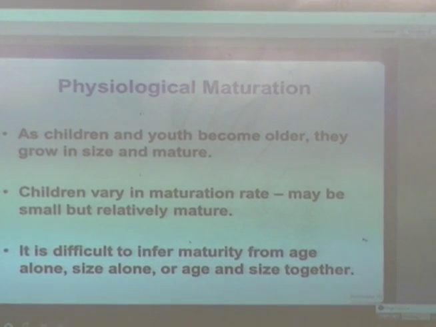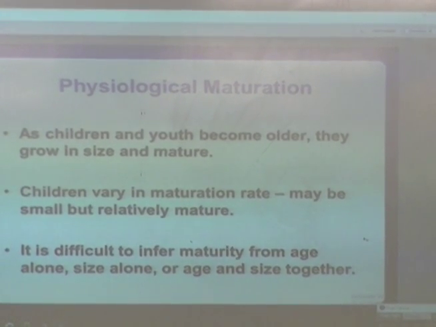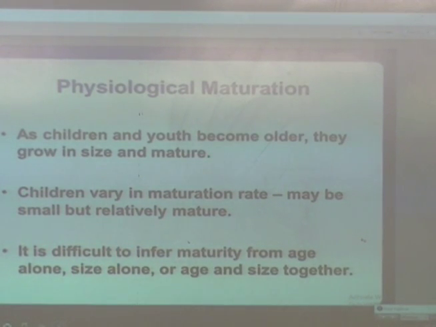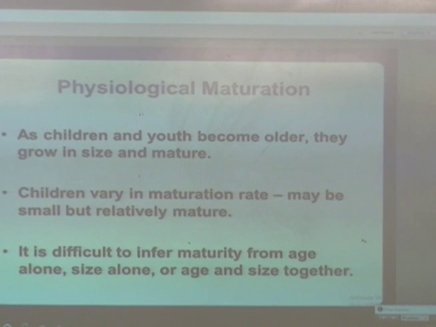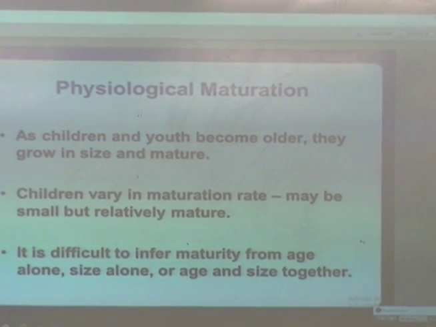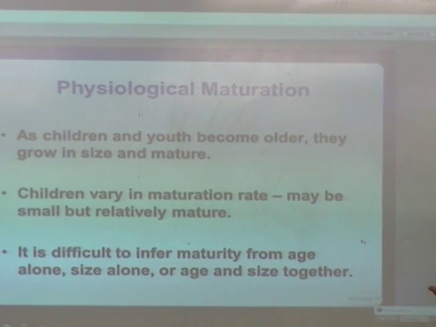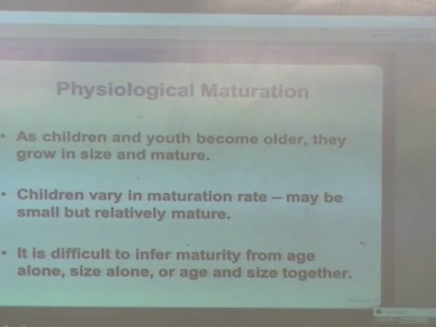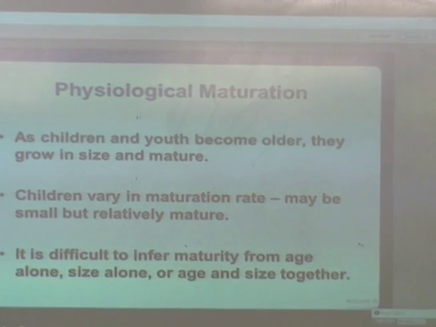Okay? Some systems can become more mature without growing bigger. We're looking at the function of the system, not the size of the system. And every system varies. We also have early maturers and late maturers.